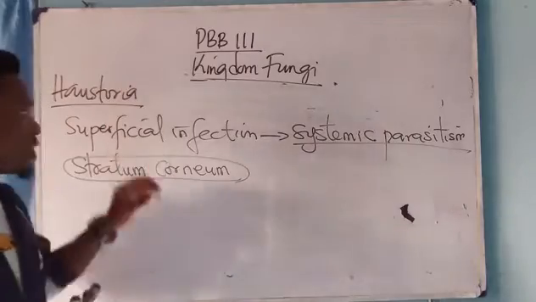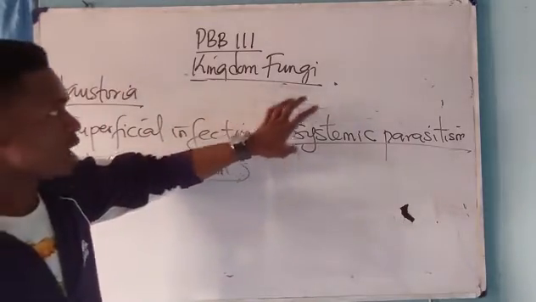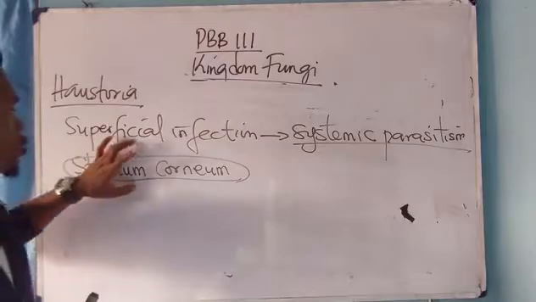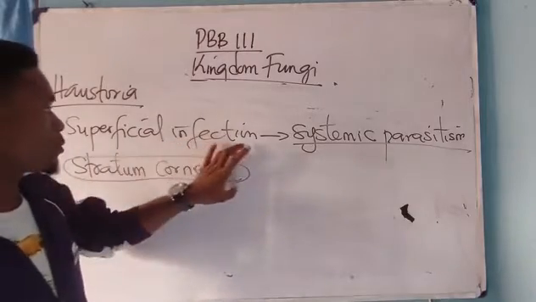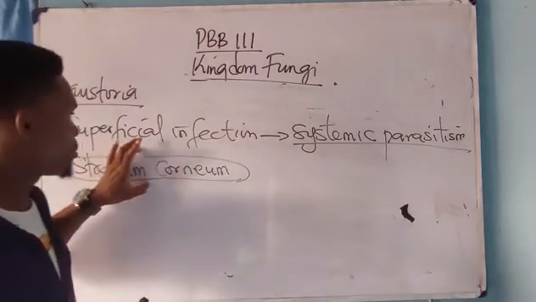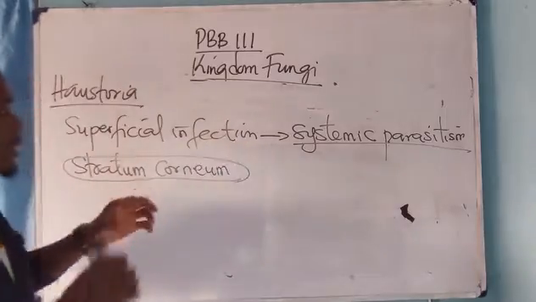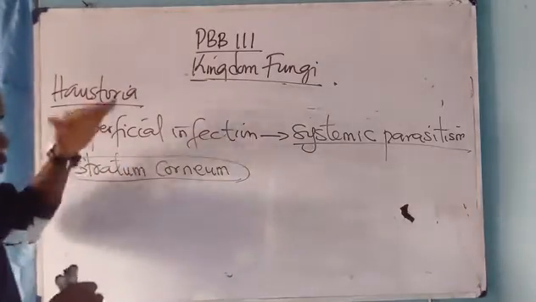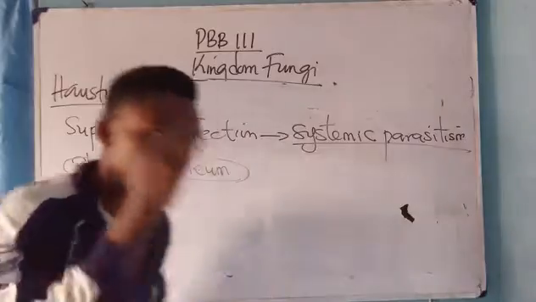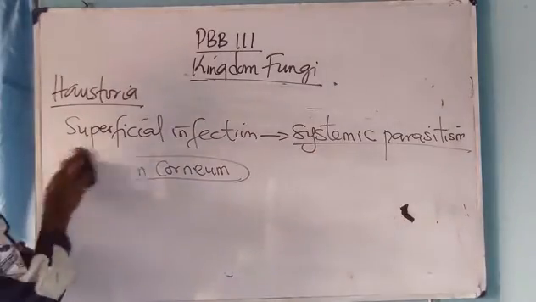The epidermis. Then these fungi are found on the stratum corneum, okay? The stratum corneum is usually made of what? Dead cells, okay? The surface of the skin. Strata means what? Divisions, okay? Please take note.